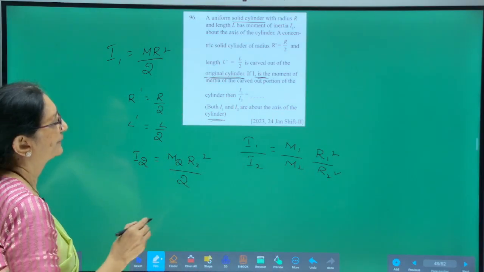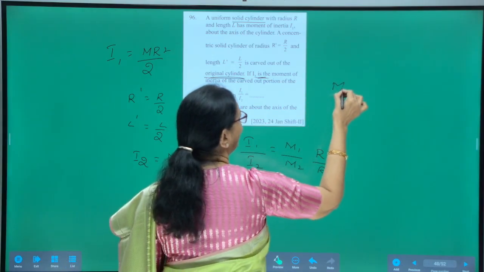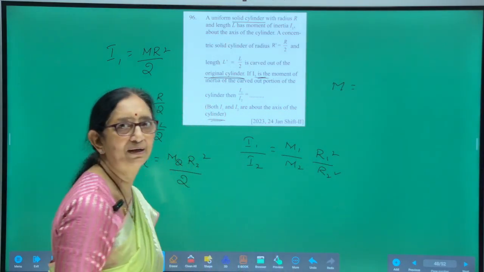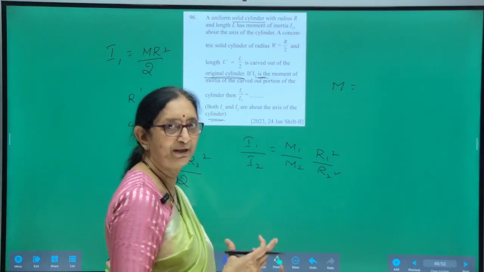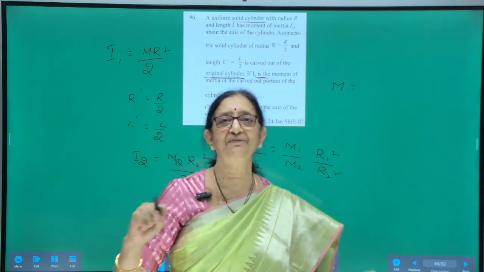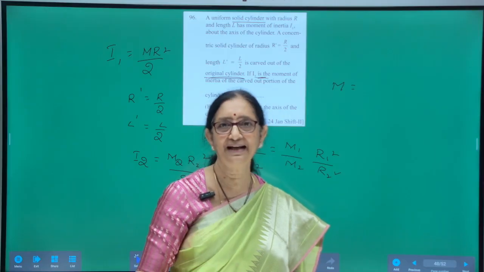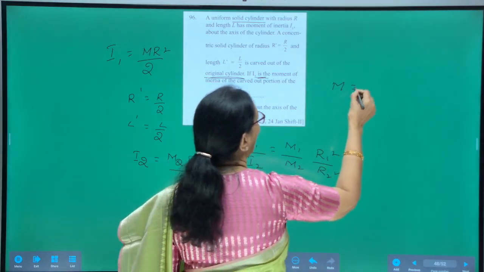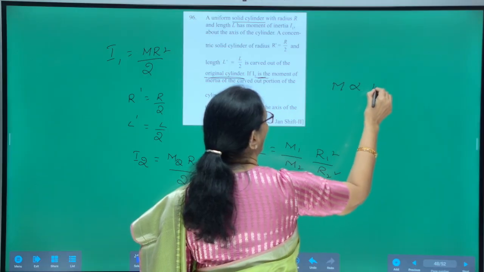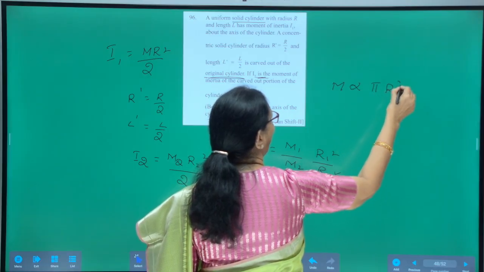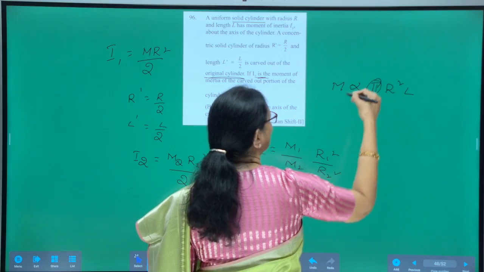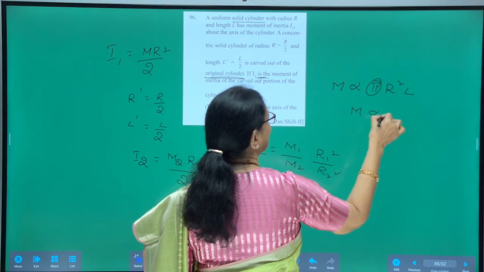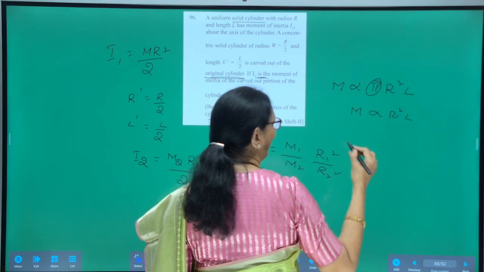So, here mass of a cylinder, if both of them are made up of the same material, because a portion of it is carved out, so it has the same density. So, mass is proportional to volume, that is pi r square L. As pi is constant, mass is proportional to r square L.